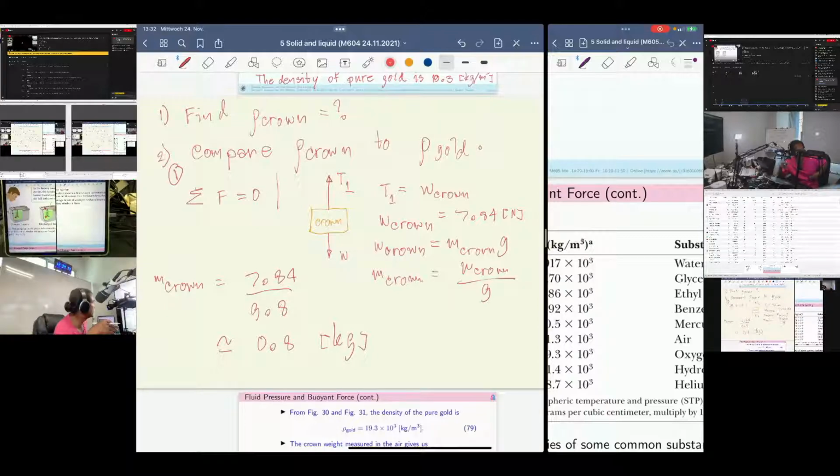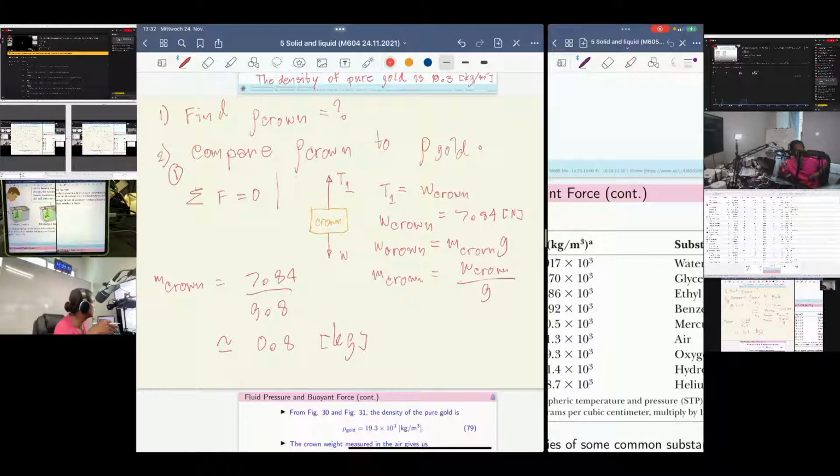The test of the crown, whether it's genuine or not. So yes, in the second experiment, it's a little bit complicated, but it's not beyond our ability, right?